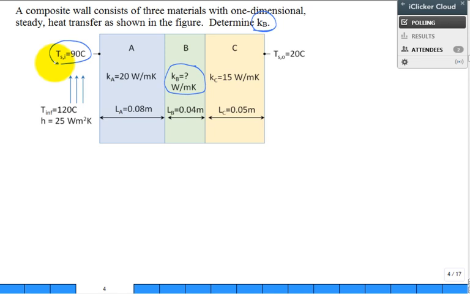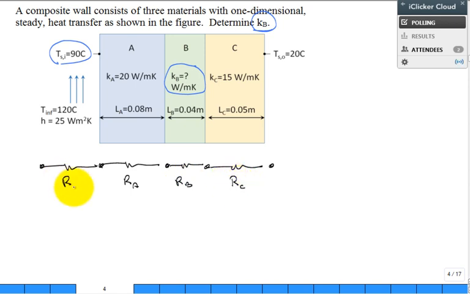So since we're familiar with the problem, I think it's helpful to set up a resistor network where you have the nodes, making sure that they're temperature nodes, and then you have these resistances. This is resistance slab A, resistance slab B due to conduction, resistance slab C, resistance on the convection, and what we have is a flow, Q, through the system.